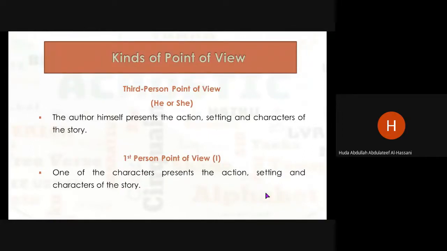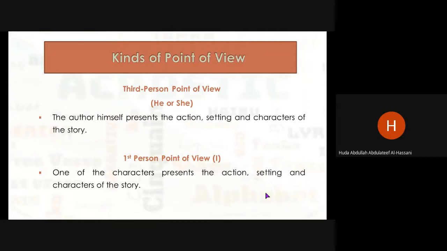So I will write in her voice, saying not she or he, saying I. It means the character in the story is the one who is presenting us with the action, setting, and other characters of the story. Is the point of view clear here?